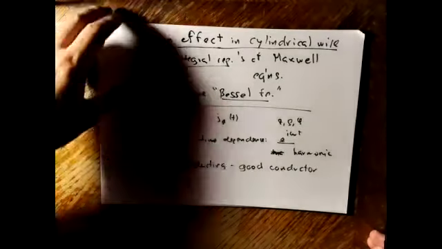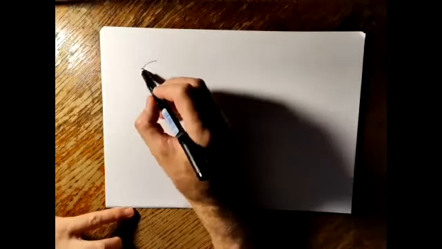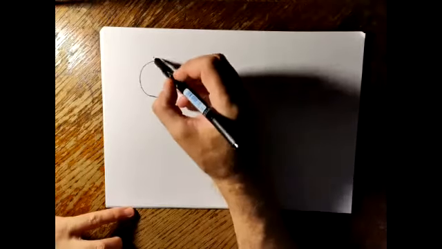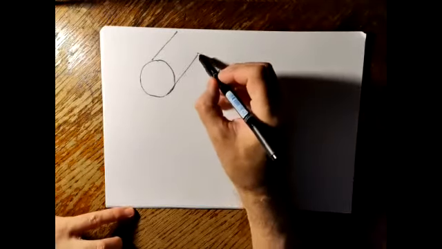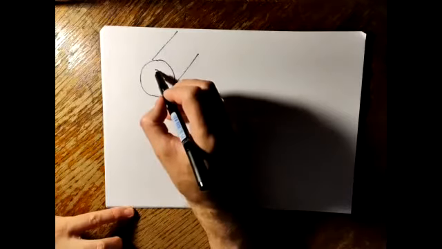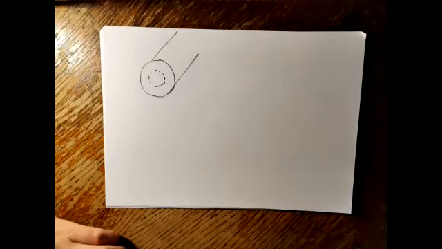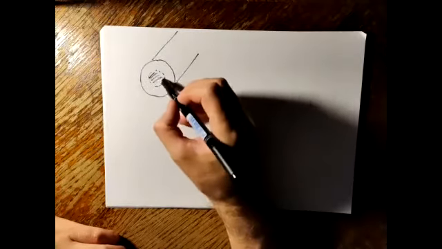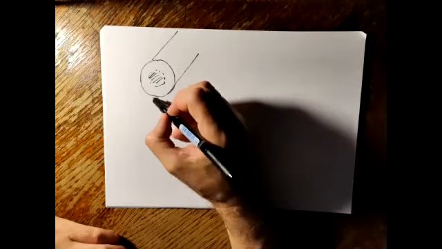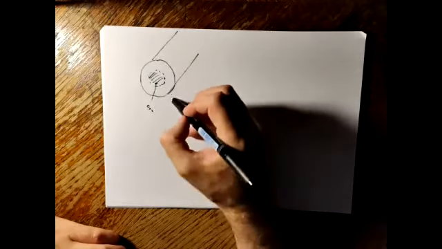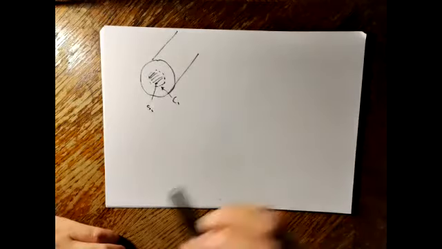Let us analyze the geometry here, because we want to set up our integral representations of the Maxwell equations, and we need surfaces for that. Let me draw a bigger example of the wire. We're going to take one surface, which I'm going to call S1, and C1 is the contour around it.